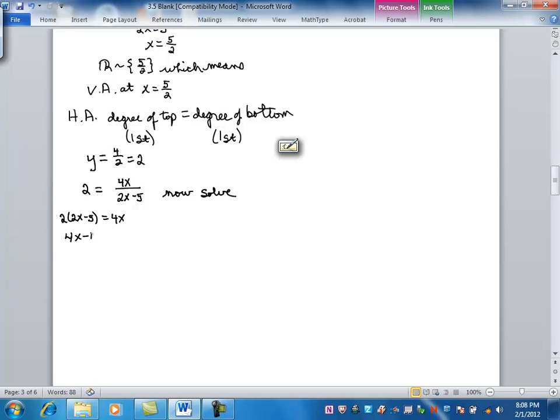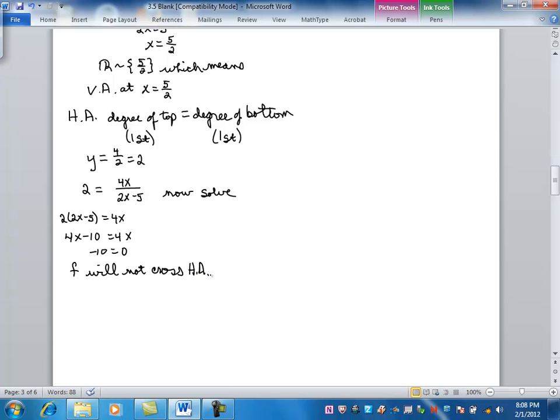So 4x minus 10 equals 4x, which gives negative 10 equals 0, which is not true. So what we have learned here is that f will not cross the horizontal asymptote.